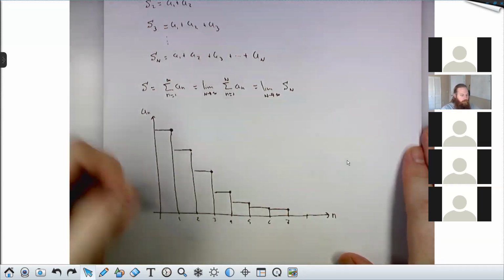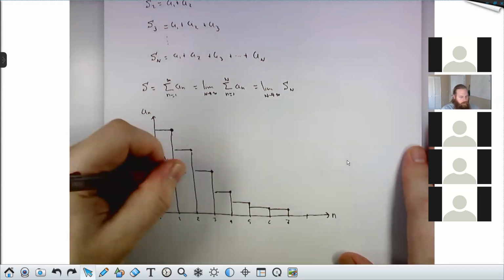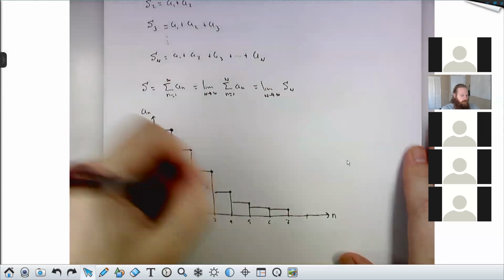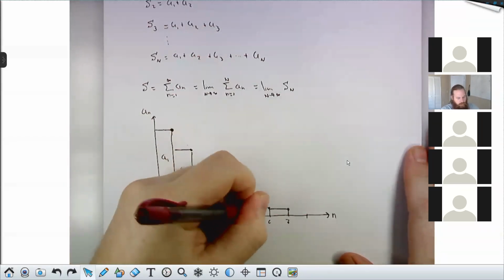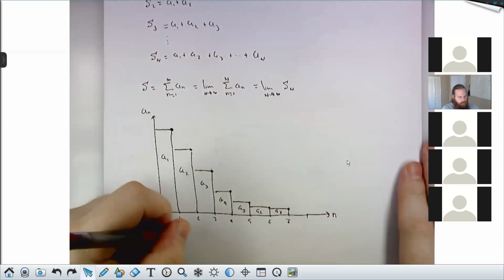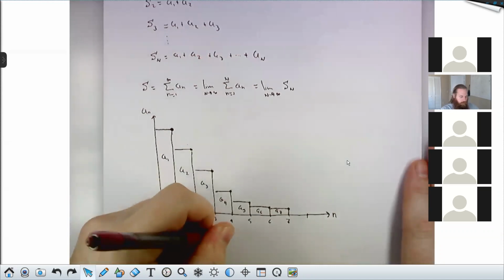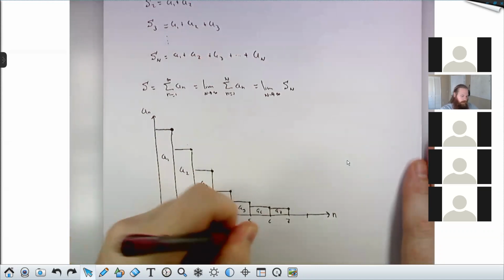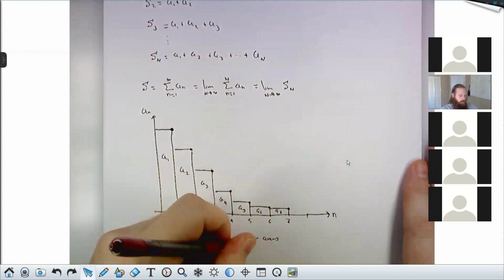And since the width of this rectangle is 1, its area is A1. Similarly, the areas of all these just come from their height. So you can think of the infinite series, sigma from 1 to infinity of An, as the sum of the areas of these rectangles.